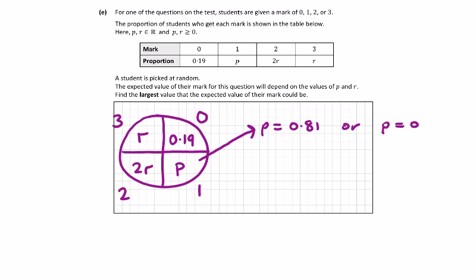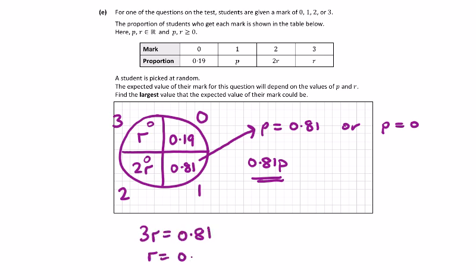So if P is equal to 0.81, let's change this to 0.81. This will be 0 in here, this will be 0 in here, so we're going to end up with the expected value just being 0.81 times P. And if P is equal to 0, then we're going to have 3R will be equal to the 0.81.